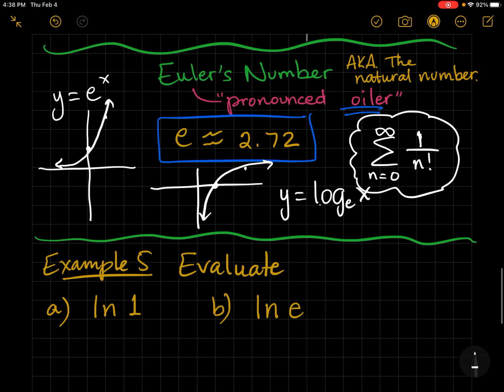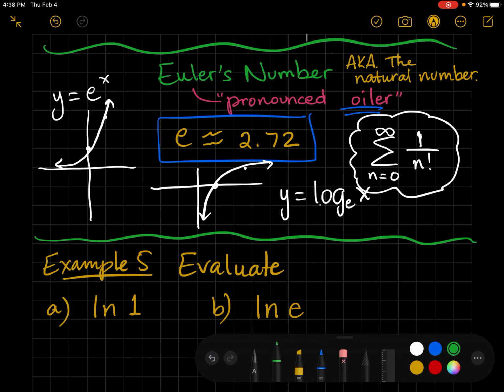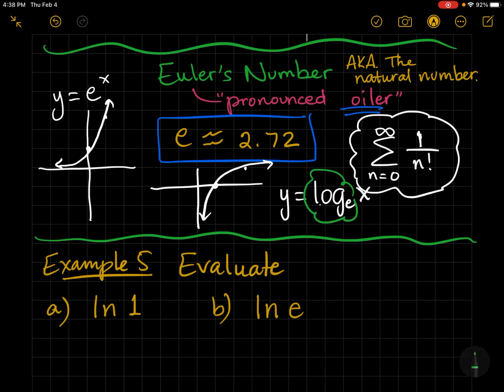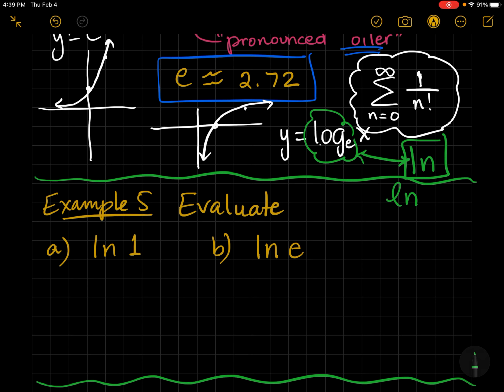Make sure you highlight this: log base e is the natural log. I mentioned it in the last lesson, and it's not IN or 1N, it's LN for natural log. I don't know why it's backwards. So these mean the same thing.